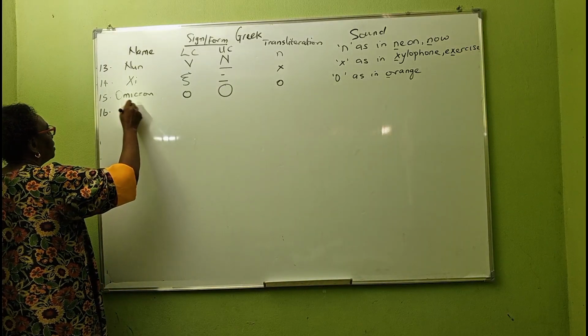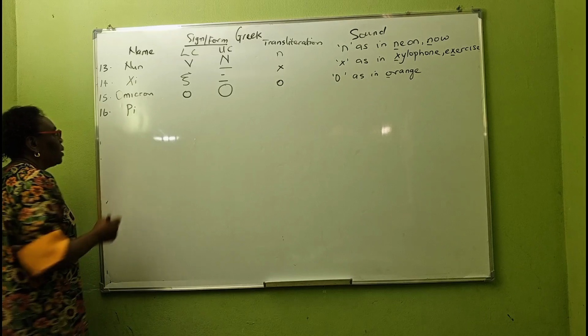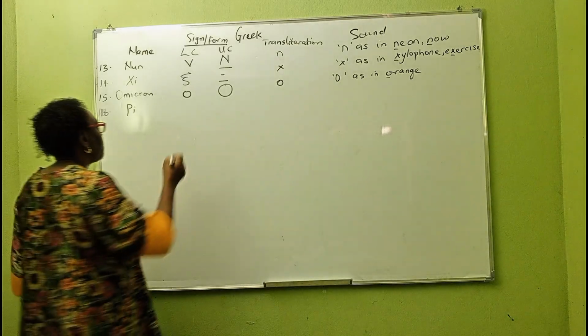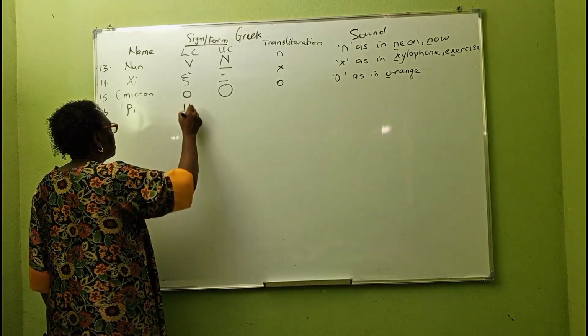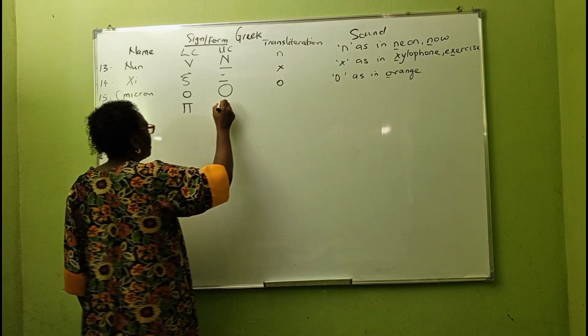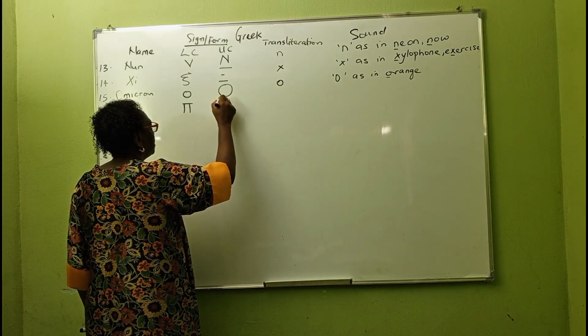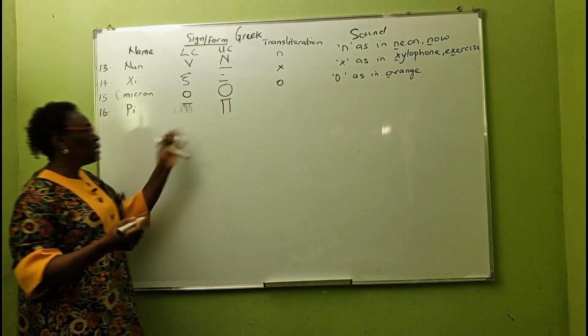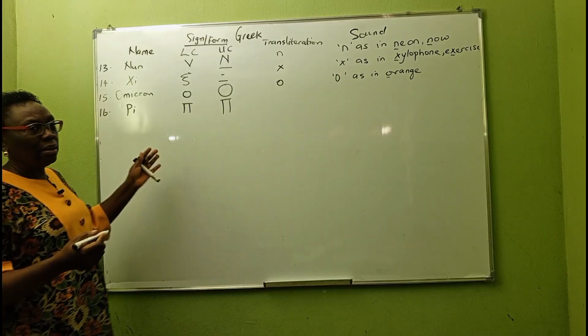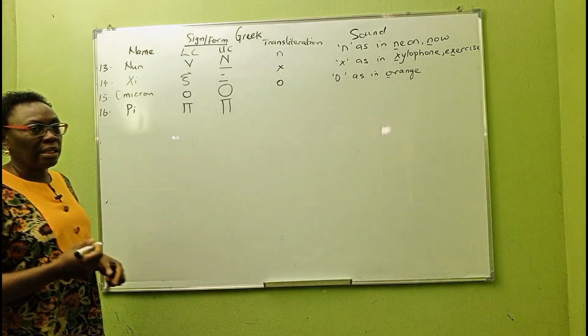Following after Omicron is P. Okay, the name is P. We don't call it pi, it is P. All those in mathematics, so just make it a bigger one. It's the same form, the lowercase and the uppercase.